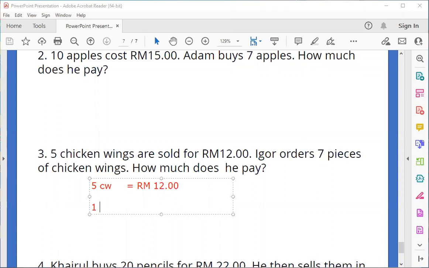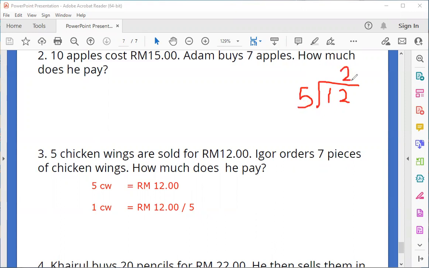Always find 1 chicken wing first. The unitary method. So take this 12 ringgit and divide by 5. So do your standard long division method. 12 ringgit divided by 5, 2. You get 10 here. Then remaining 2. Put your decimal, bring down the 2.